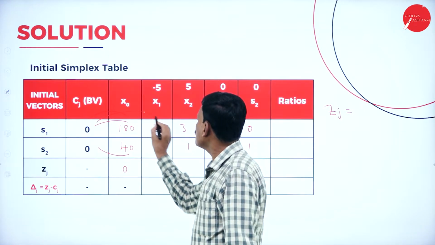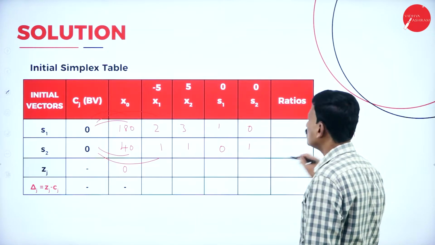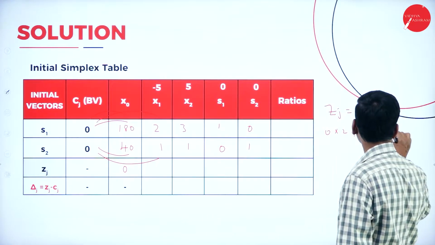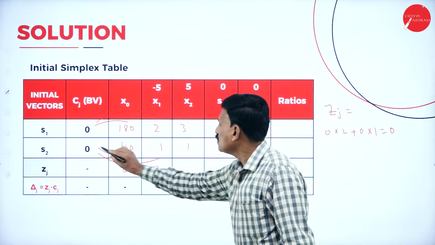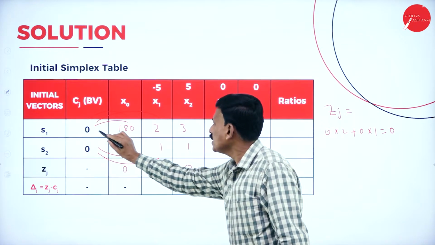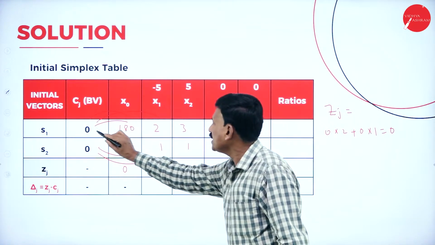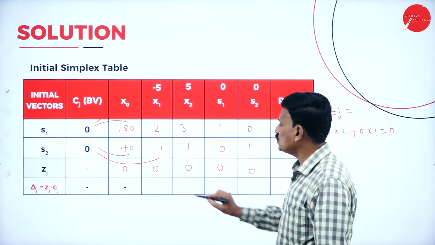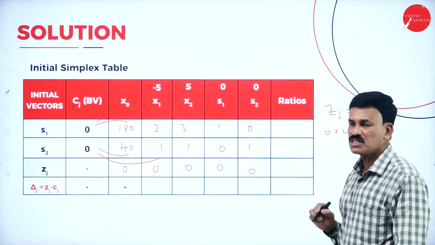Then 0 into 2 plus 0 into 1 is 0. Again 0 into 3 plus 0 into 1 is 0, 0 into 1 plus 0 into 0 is 0, and 0 into 0 plus 0 into 1 is 0. Usually the zj row in the initial simplex table will always be zeros.